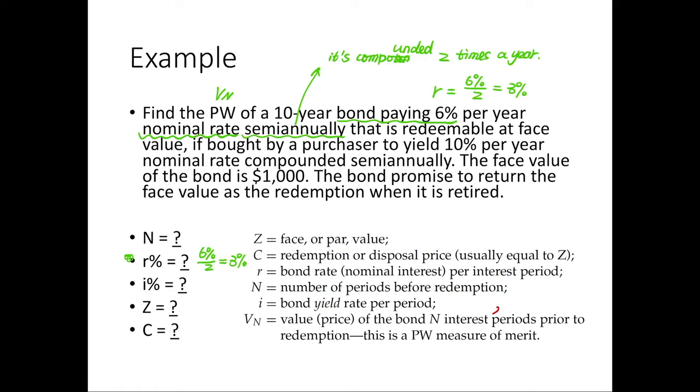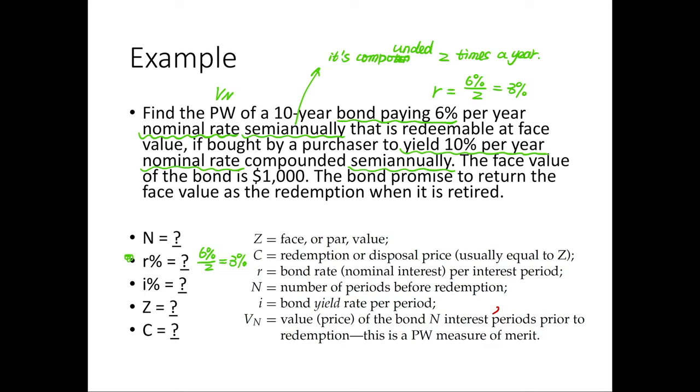And let's continue. That is redeemable at face value, which means your Z is your C. If bought by a purchaser to yield 10% per year nominal rate, your yield rate or your personal MARR, you know 10% is your nominal rate, compounded semi-annually. So every year you are going to calculate your MARR, your interest, twice.